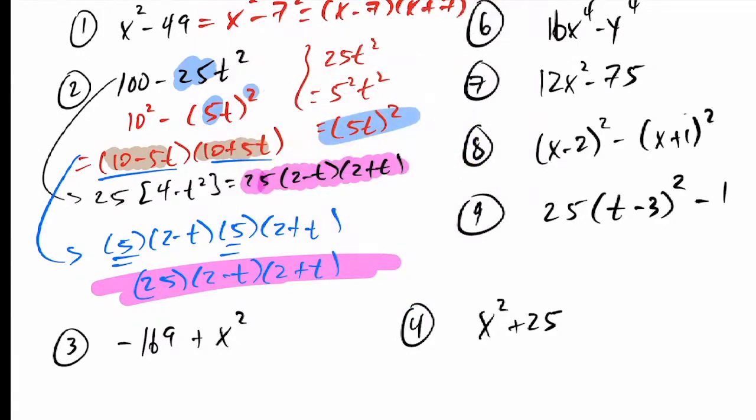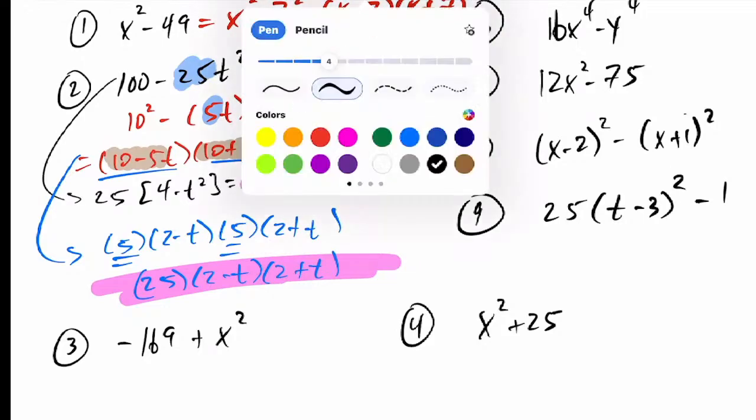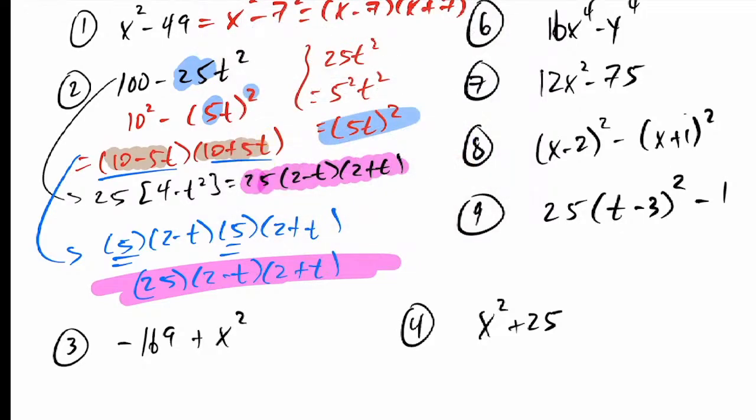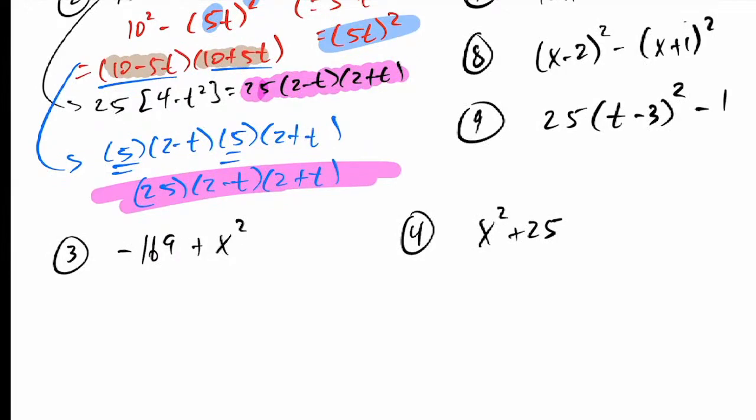For number 3, there's a couple ways you could do it. A lot of times what people will do is just rearrange this as x squared minus 169, right? Because you do want a minus sign between these.